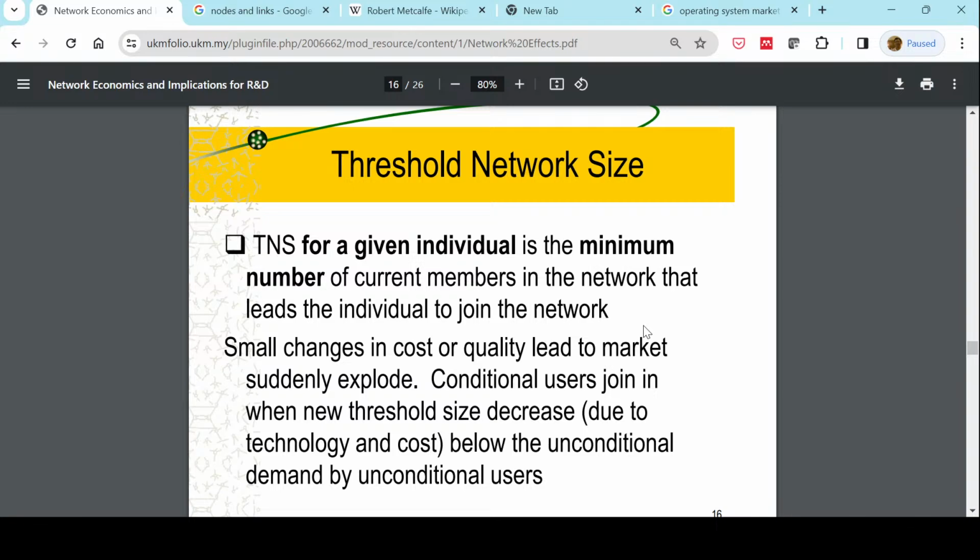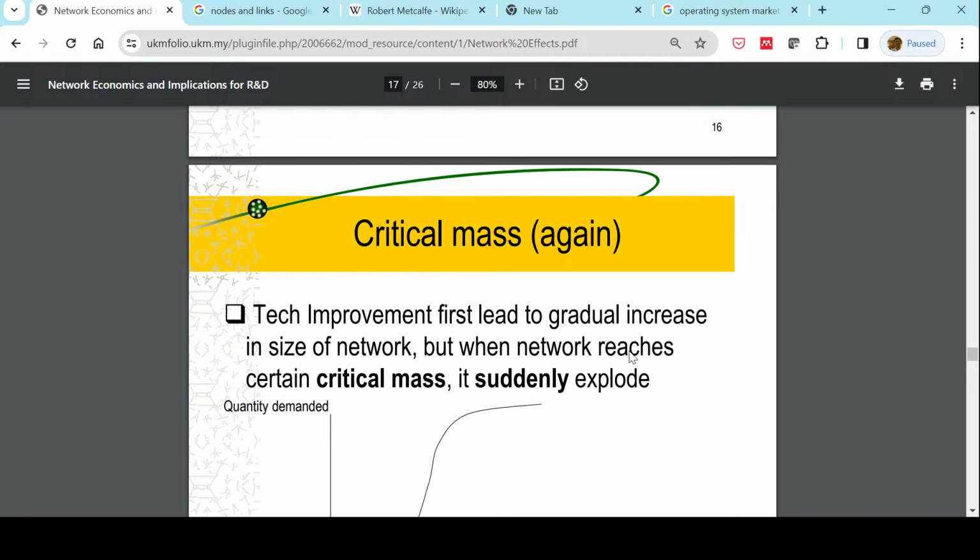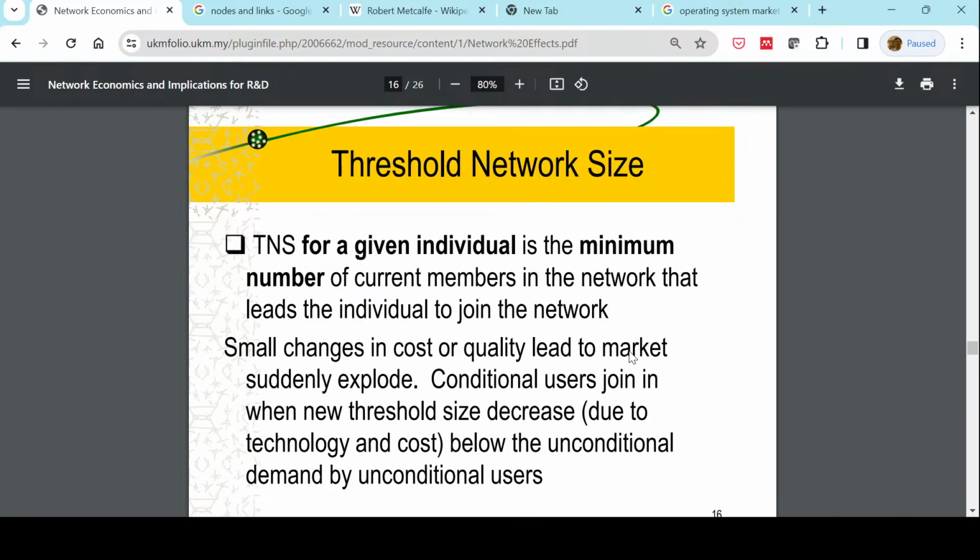Conditional, unconditional. To make you understand conditional and unconditional: last year, 2023, I became an unconditional purchaser of the Samsung Galaxy S23 Ultra. Very expensive. It came to the market, I bought it without waiting. A conditional buyer will wait.